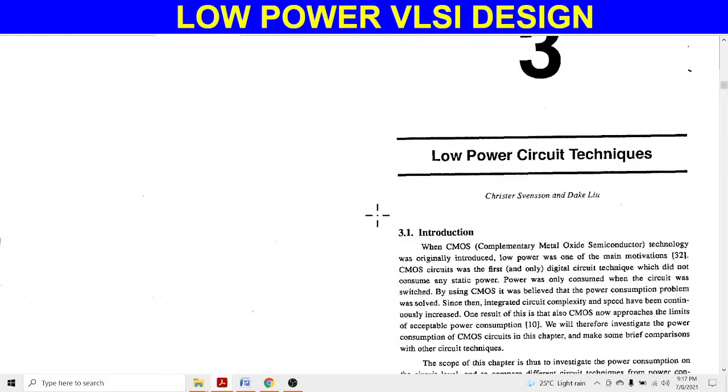We already know that after the invention of the transistor, minimization continuously occurs, so that various technologies come into play. Out of them, CMOS technology is one of them.